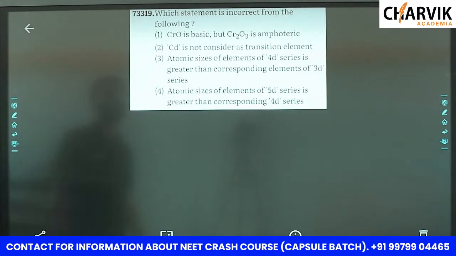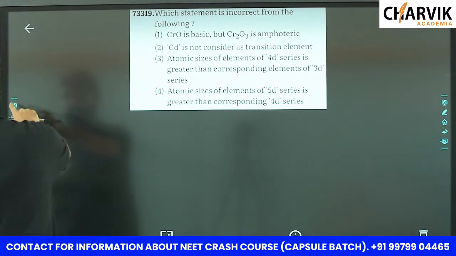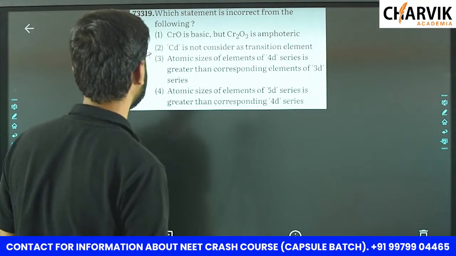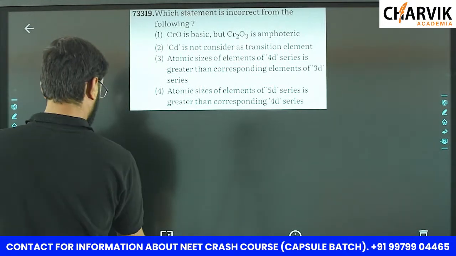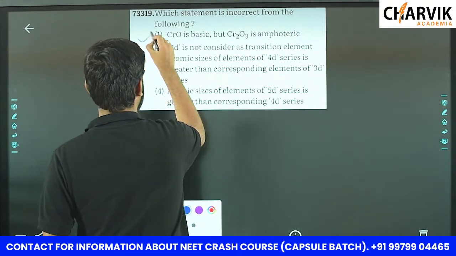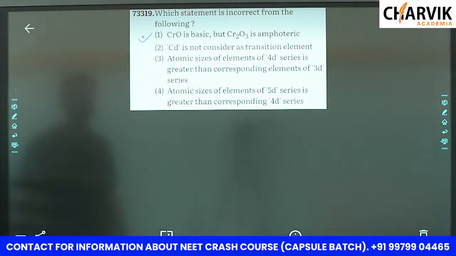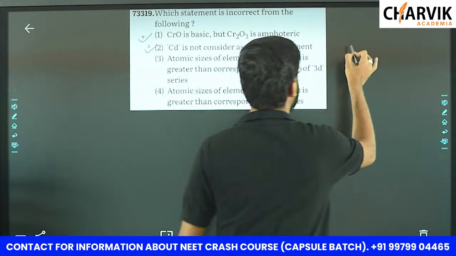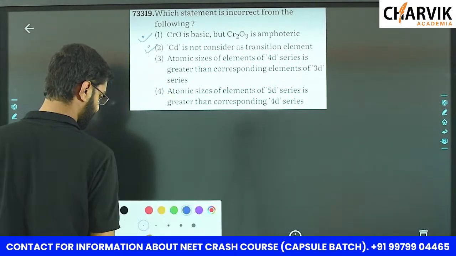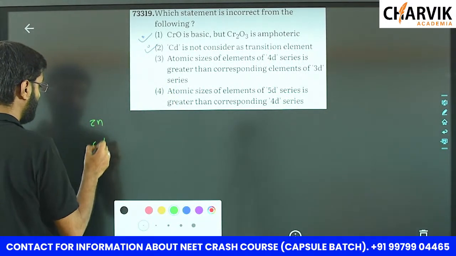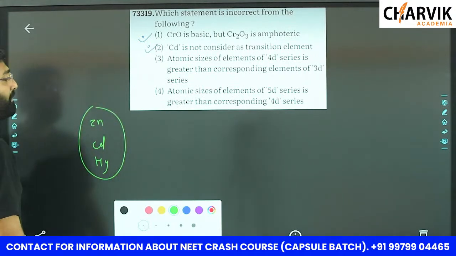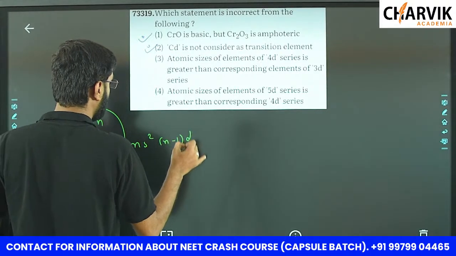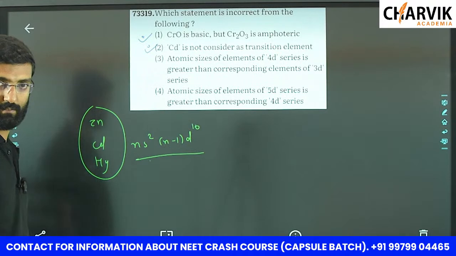Which statement is incorrect from the following? Good question. CrO is basic, but Cr2O3 is amphoteric. This is completely from NCERT. So the first statement is correct. Cadmium is not considered a transition element. Yes, this statement is also correct because zinc, cadmium, and mercury, these three elements have the fully filled (n-1)d10 configuration.